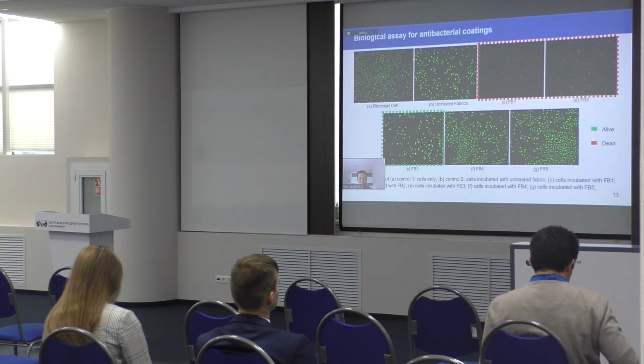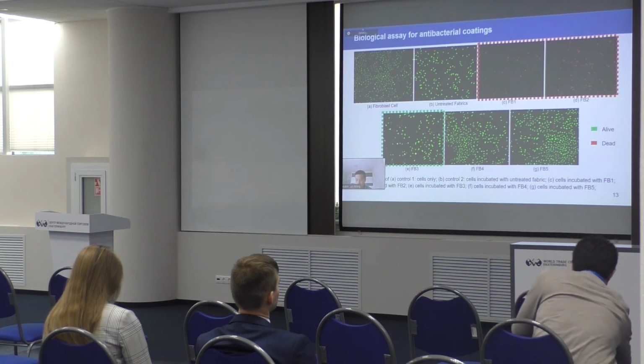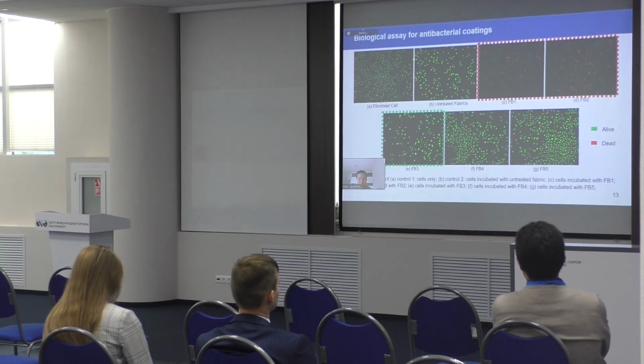As you see here, we have 5 samples, and we put all samples incubated with murine fibroblast cells, and there are two control samples, A and B. The cells were incubated on the standard protocol using unexposed medium in order to follow the growth of cells, and the cells incubated with untreated PET fabrics are under the same condition.